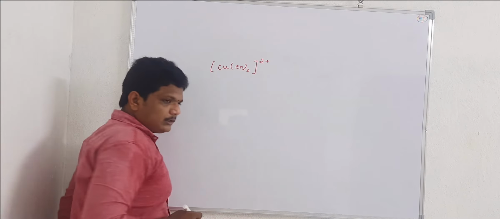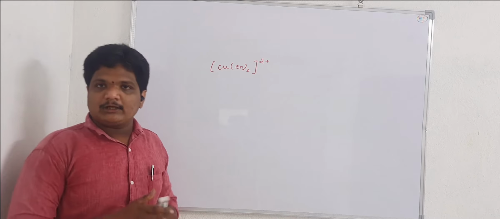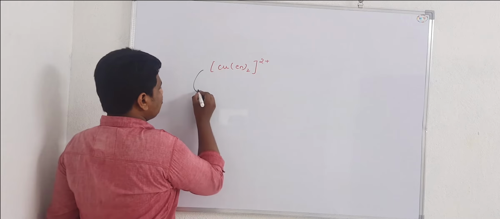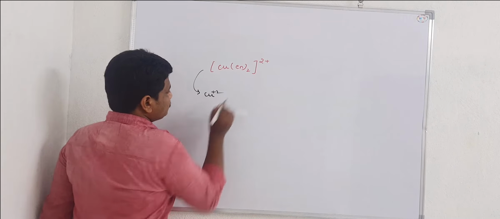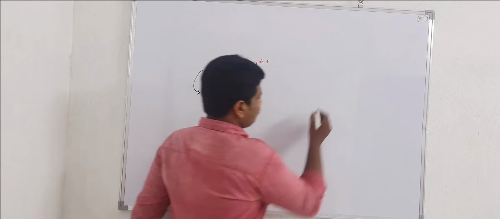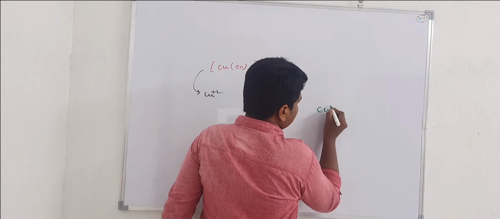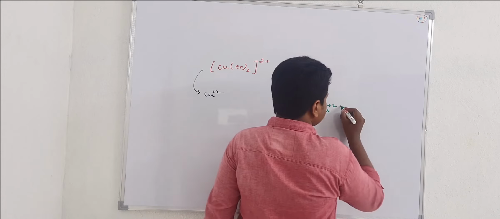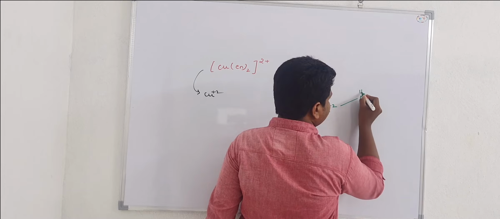Now if you draw the structure of this copper plus 2 complex, copper plus 2 is the central metal ion, which is attached to the ethylene diamine.